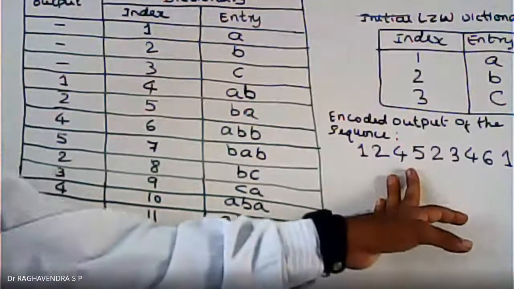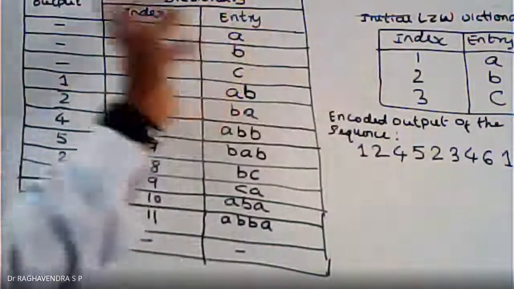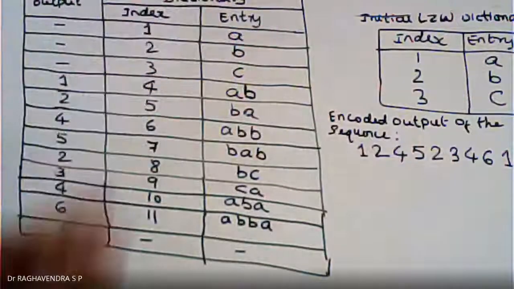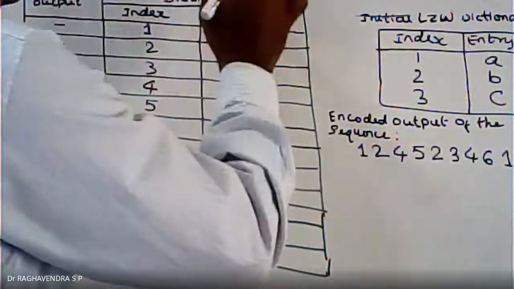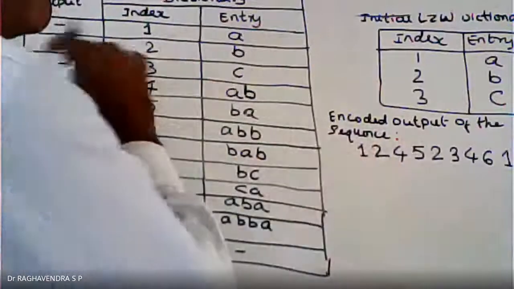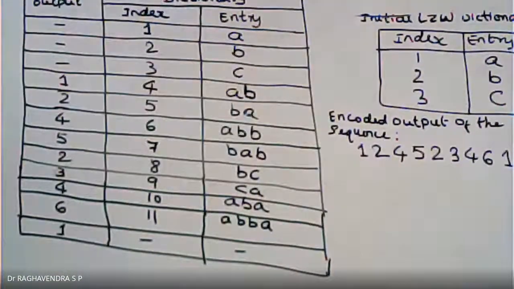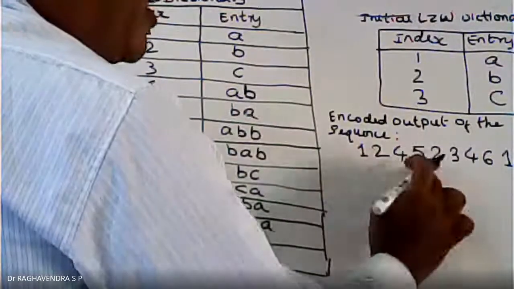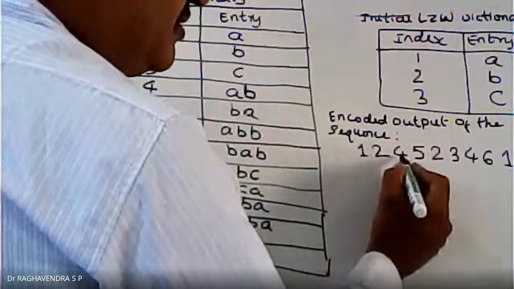This is the encoded value of the sequence. What is the number of characters? If you consider the sequence, how many values exist? Count them. You get 14. If you count the encoded output, how much do you get?